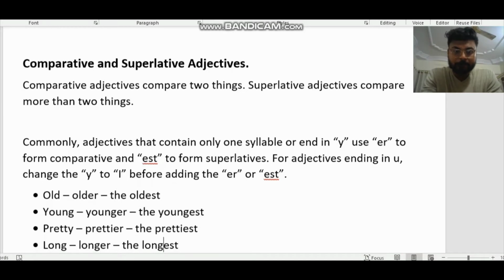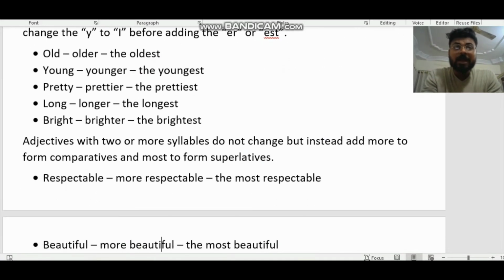Now, here, adjectives with 2 or more syllables do not change, but instead we add more to form comparative and the most to form superlative. We always use the when it comes to a superlative adjective, right?